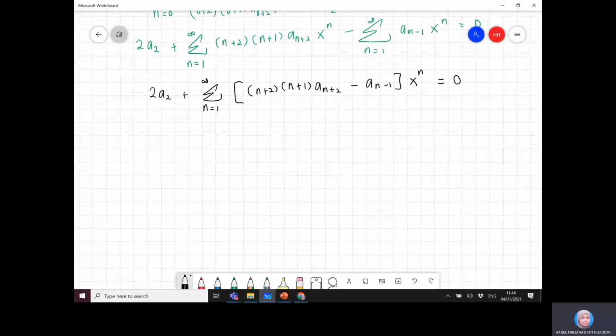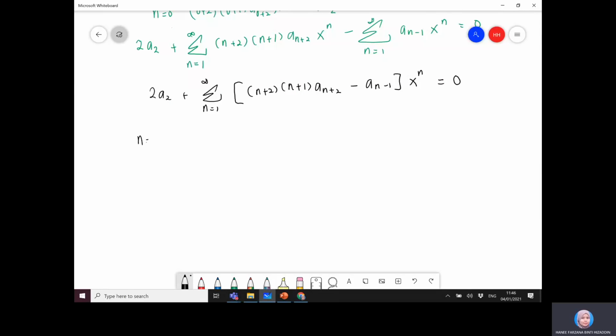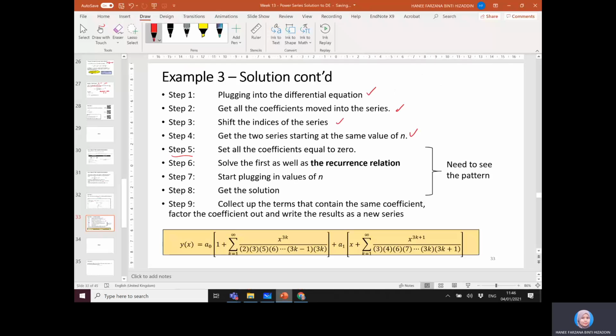So when n equals to 0, you have this 2a2 term. So 2a2 will be equal to 0. And then when n equals to 1 and 2 and 3 and so on, you have your coefficient n plus 2 times n plus 1, a n plus 2 minus a n minus 1 equals to 0. So we have these two equations for step number 5.